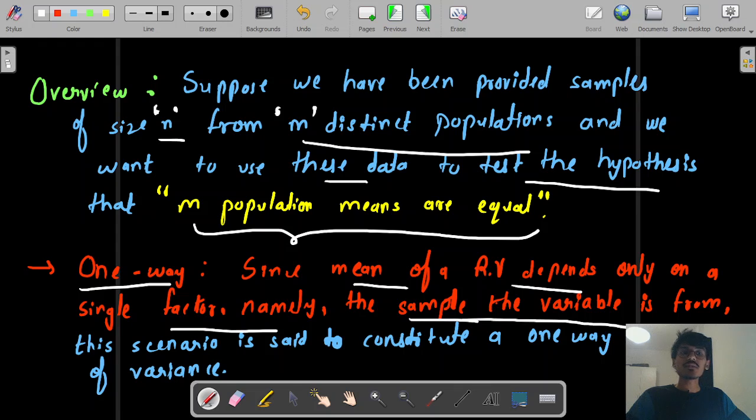So the sample the variable is from, the mean depends on that only. And that's why this scenario is said to constitute a one-way analysis of variance. But stay tuned, we'll see two-way analysis as well in this video lecture series. So this is just a brief overview of what we are going to do.